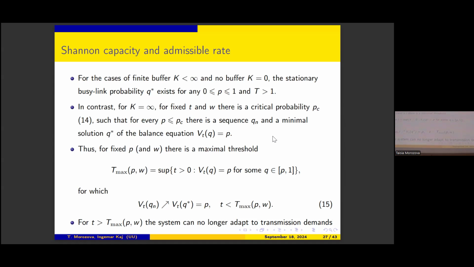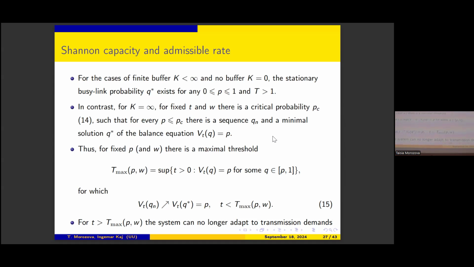So we have the capacity that depends on the threshold t. What we do is define a t max, which is the maximal t that we can get in the network, such that this equation has a solution q in the range from p to 1, so it's in a correct range.